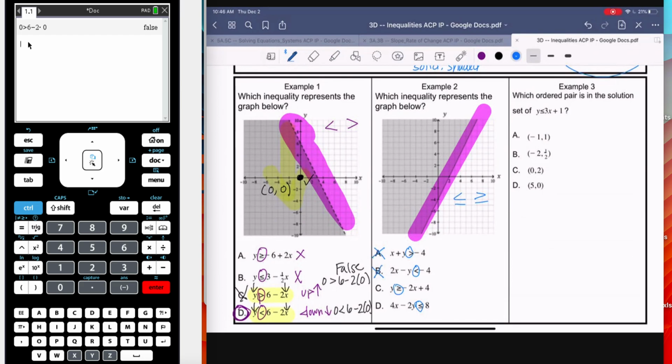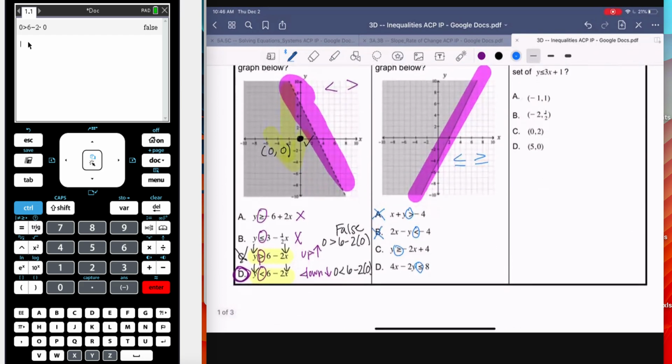Now I have two options, C and D. I'm going to use the test point that I used in example 1 to show you this one. I'm looking in the shaded area for a solution, and I'm going to pick 0, 0.